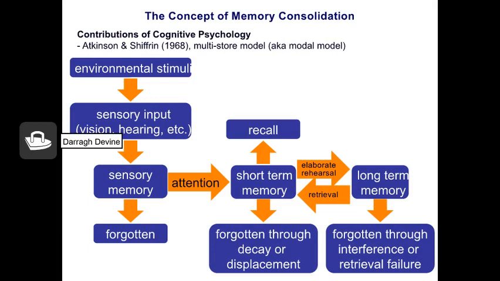Let's start by talking about what consolidation of memory actually is. I'm going to base my description on the Atkinson and Shiffrin model, which is also known as the multi-store model or modal model from way back in 1968.